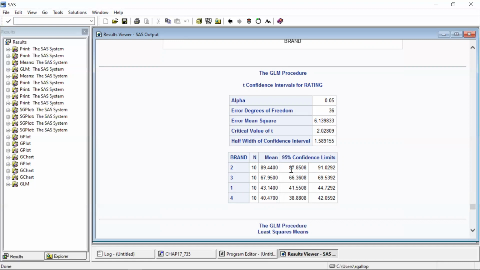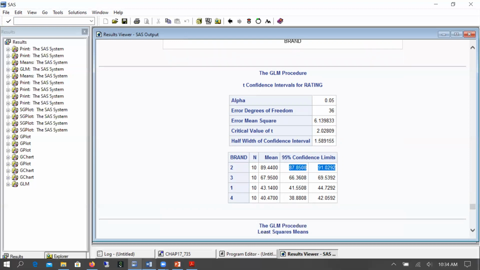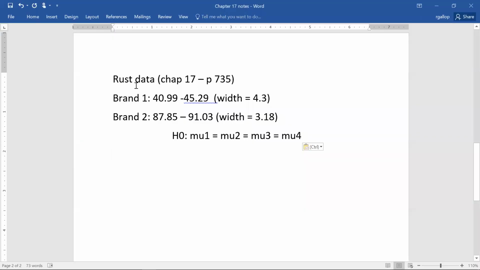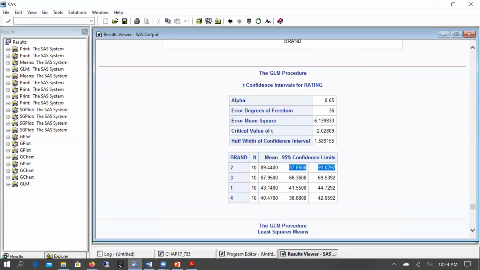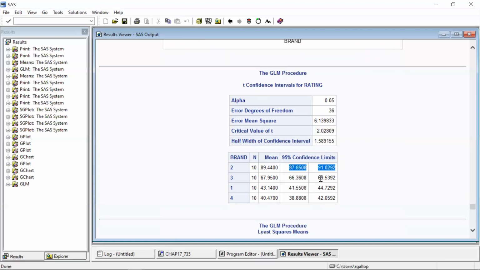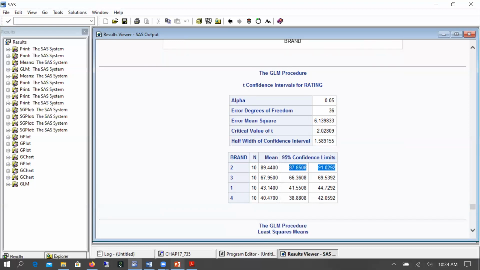The confidence interval you see here is the confidence interval we estimated with proc means. If you go back to our data, brand 2, we saw this with the proc means output, and we're seeing that with the SAS output. Similarly, brand 1, 41.55, 44.73.